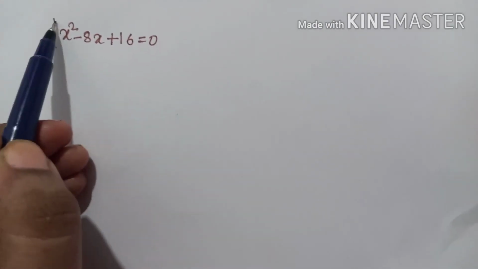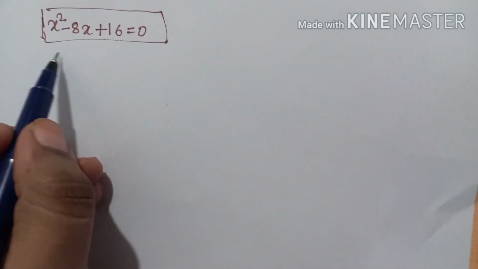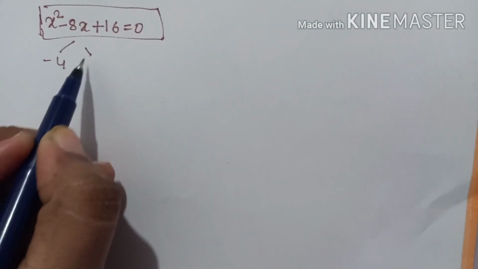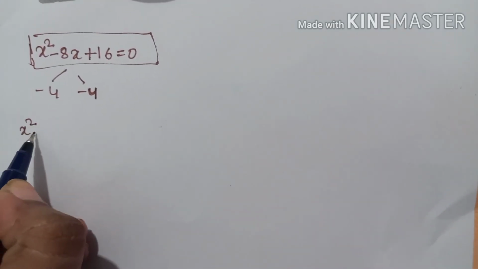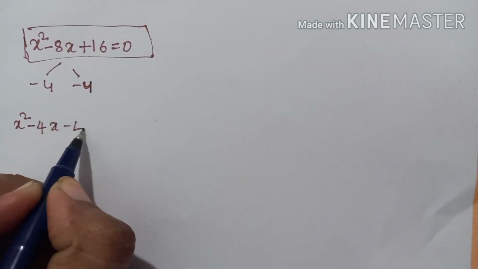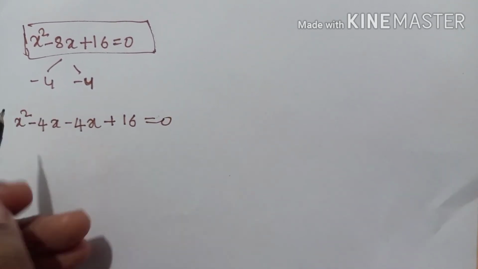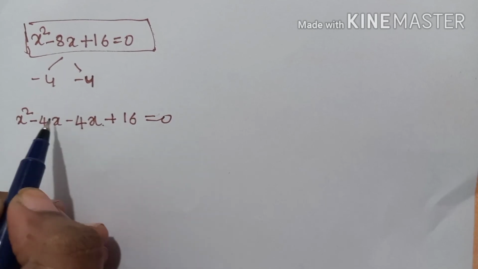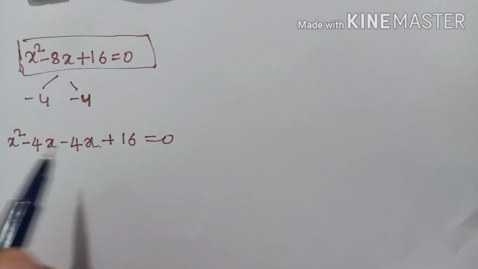Now we have got this as a quadratic equation. Except minus 4 and minus 4, nothing else works for middle splitting. So x squared minus 4x minus 4x plus 16 equals 0, which gives us minus 8x, and minus 4 into minus 4 is 16.